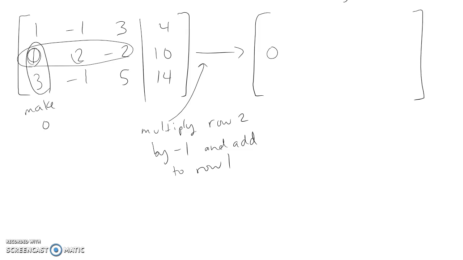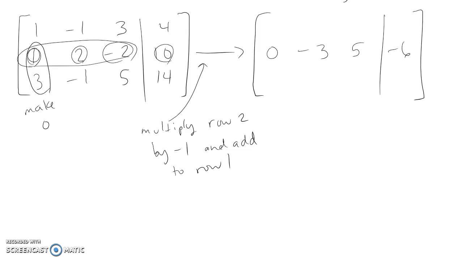Then 2 times -1, which is -2, plus -1 gives me -3. Notice I'm replacing row 2. Then -2 times -1 is 2, plus 3 is 5. And 10 times -1 is -10, plus 4 is -6.